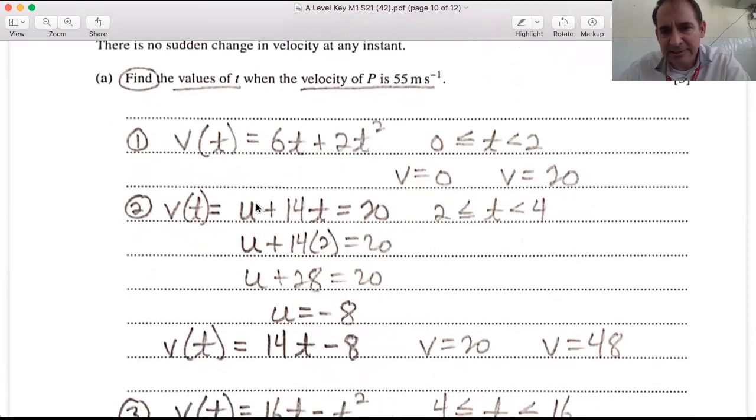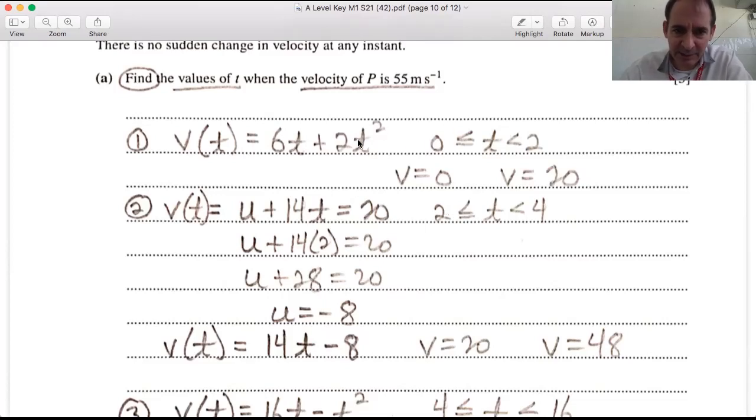Our initial velocity is not the 20. The 20 is the initial velocity only for this interval. It's not the initial velocity for the formula. Okay, so be careful with that. The initial velocity is not the 20. The 20 is for at t equals 2. What we want is our initial velocity for when t equals 0, and that's not this 0 up here.